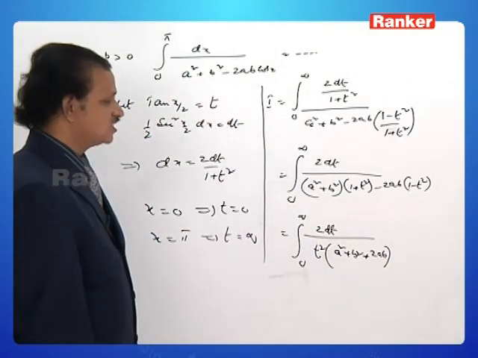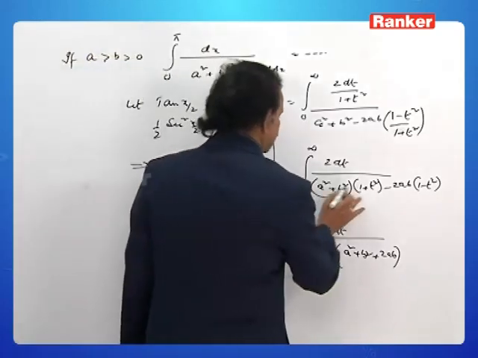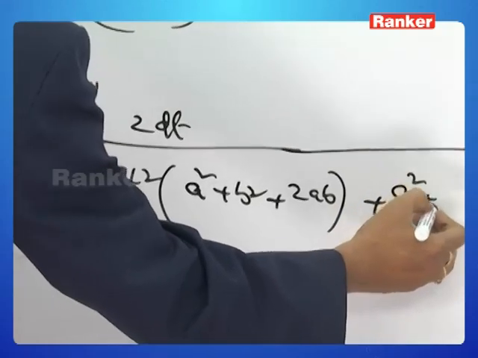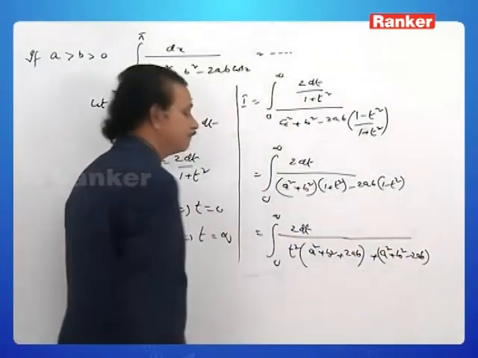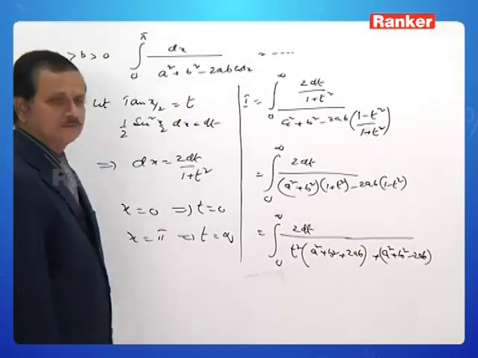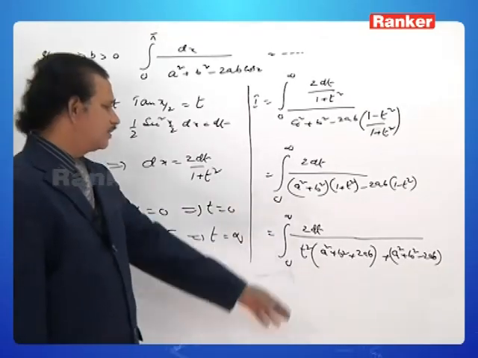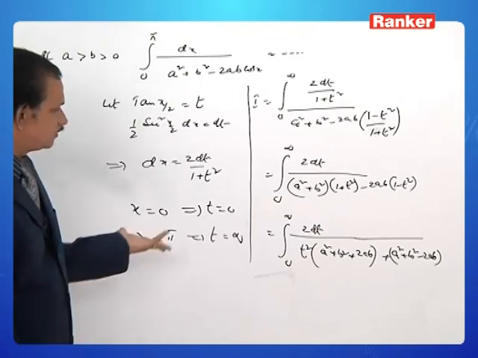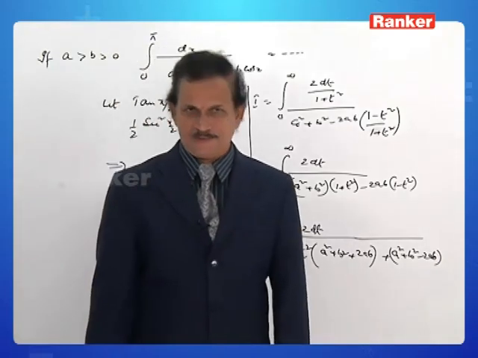And then those terms which do not contain t are a square plus b square minus 2ab. The things are clearly visible before our eyes. This is nothing but a plus b whole square, and that is nothing but a minus b whole square. Of course, by taking a plus b whole square out, we will be having a standard formula here.